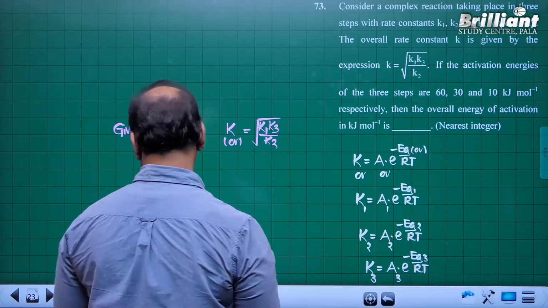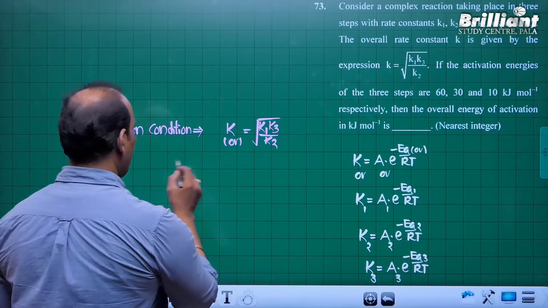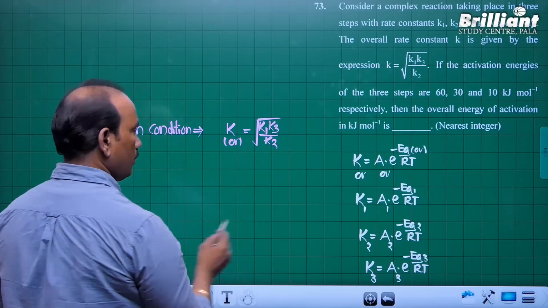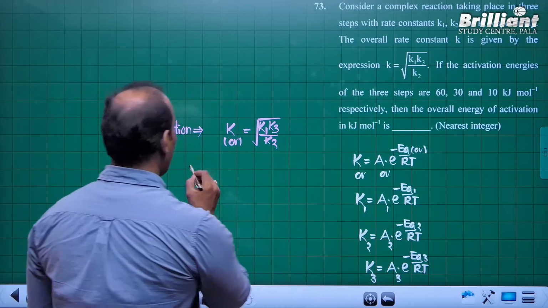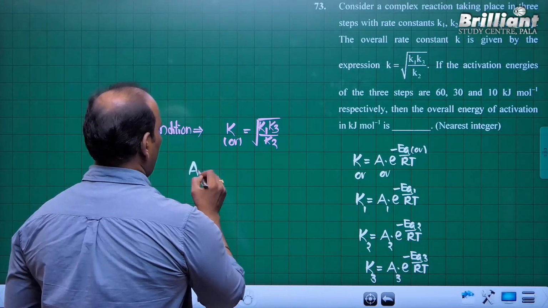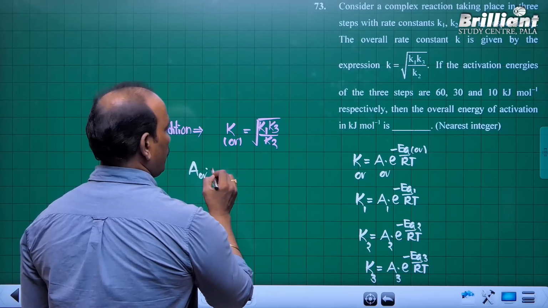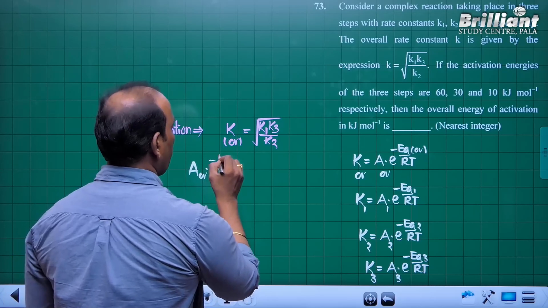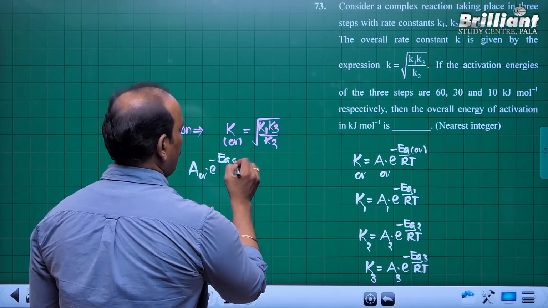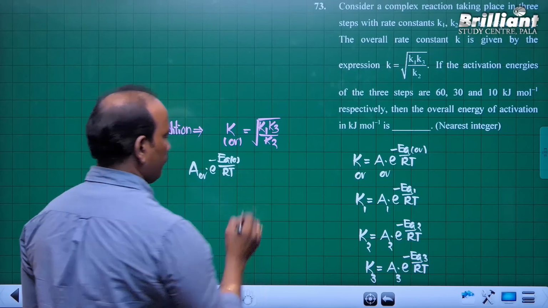Therefore, what is the overall equation? The overall equation is A overall into e power minus EA overall by RT.